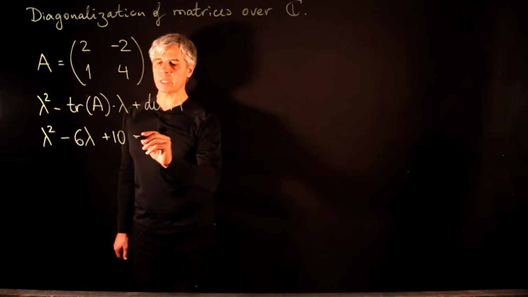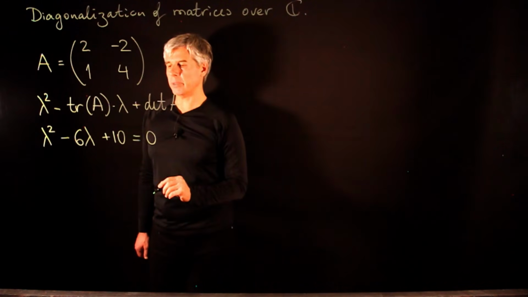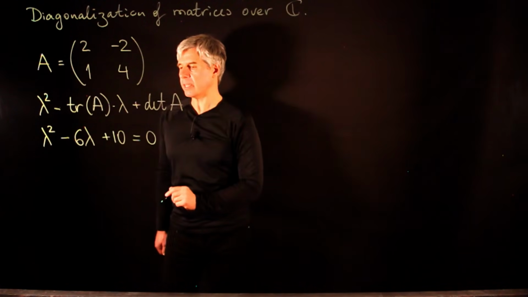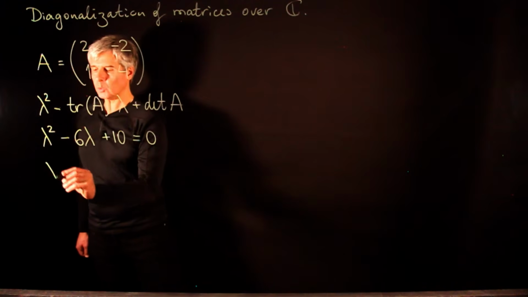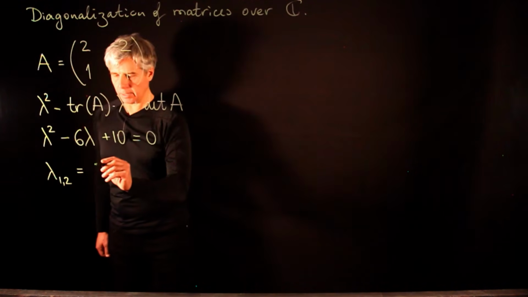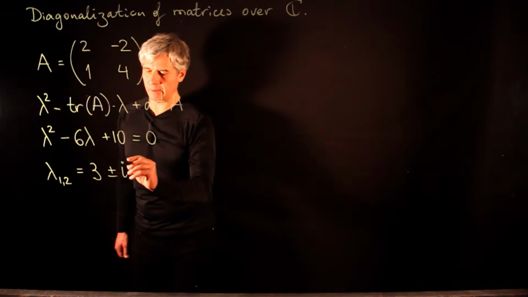So the eigenvalues are the roots of this characteristic polynomial. And this is exactly the quadratic polynomial that we started this lecture with. And so the roots here are lambda 1, 2 equal to 3 plus minus i.